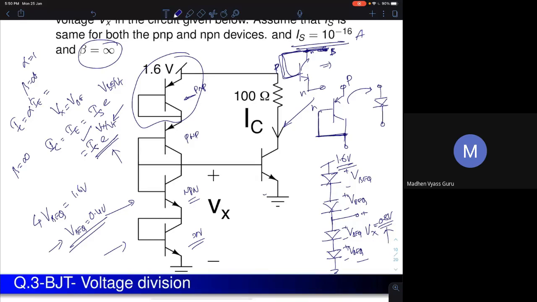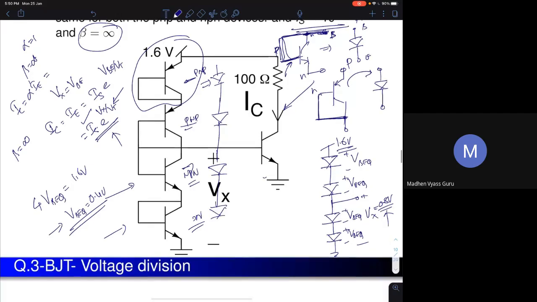So P and N are short circuited, so I can treat them as either P or N. But I should treat it as P because it's connected to the base here. The positive voltage goes to the base. I can represent this as a single diode, a base-emitter diode. So replace this transistor by a diode, this one by a diode, this one by a diode, and this one by a diode. Now you have 4 diodes in series.